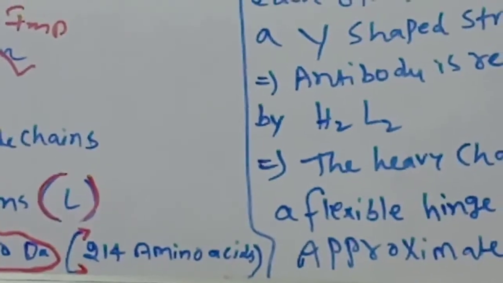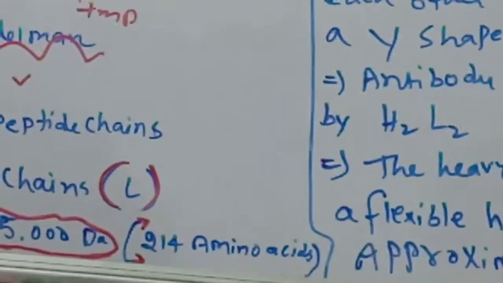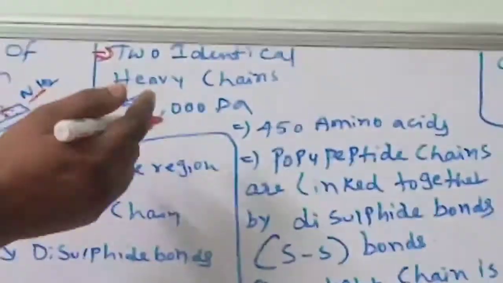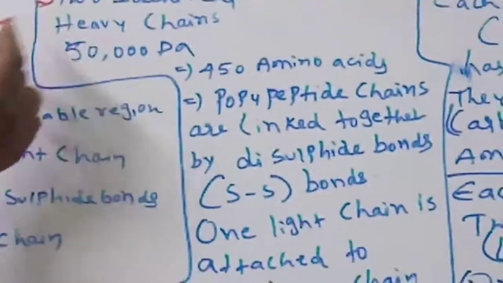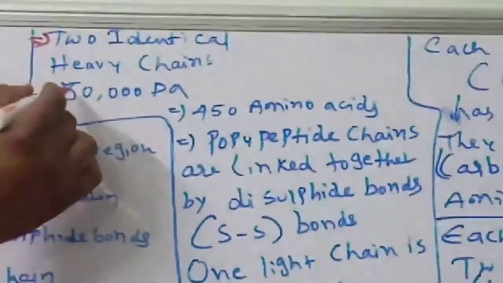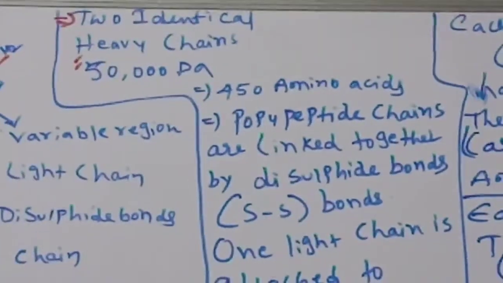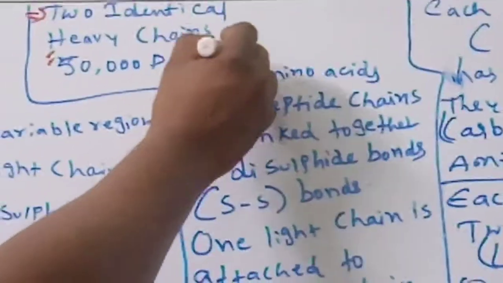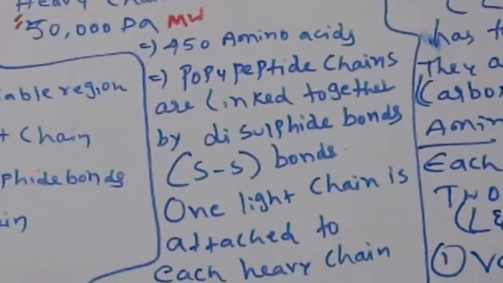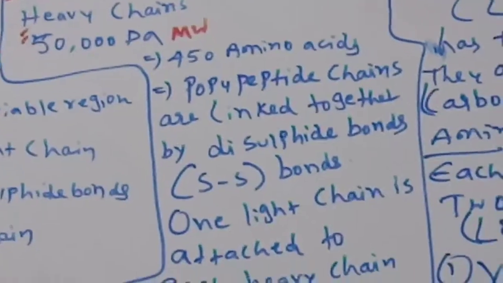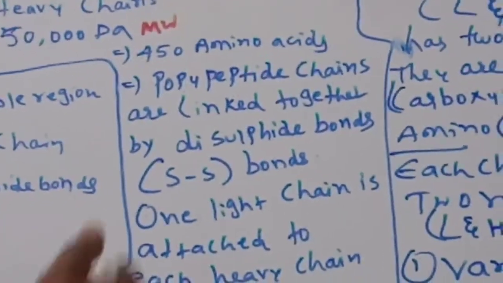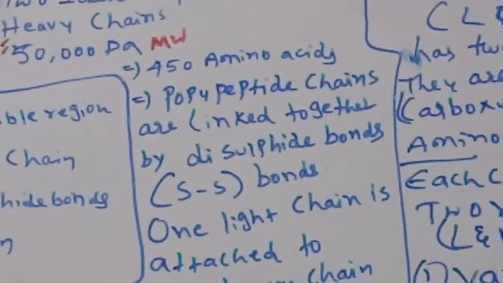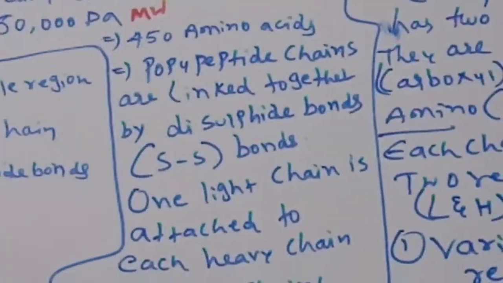Next, two identical light chains over. The next one is heavy chains. The molecular weight of heavy chains is 50,000 daltons. There are 450 amino acids in the heavy chains, and in the light chain, 214 amino acids.